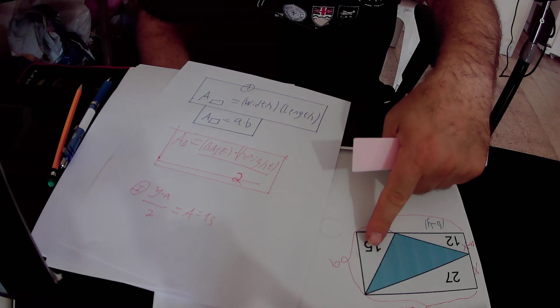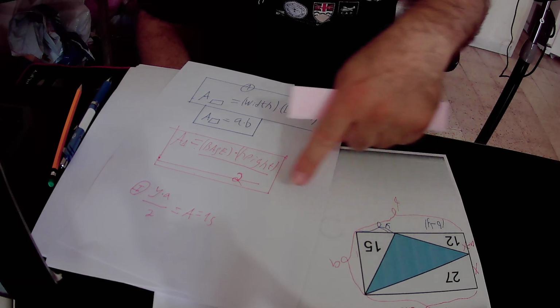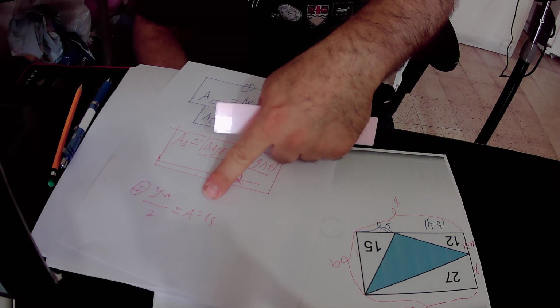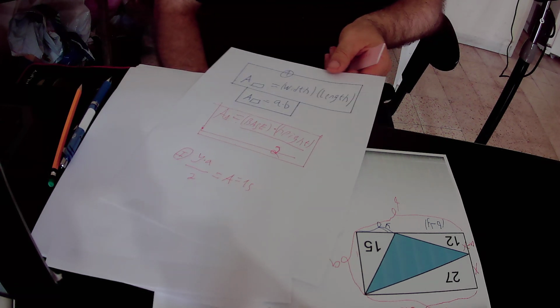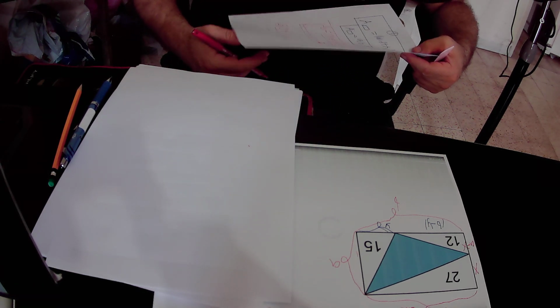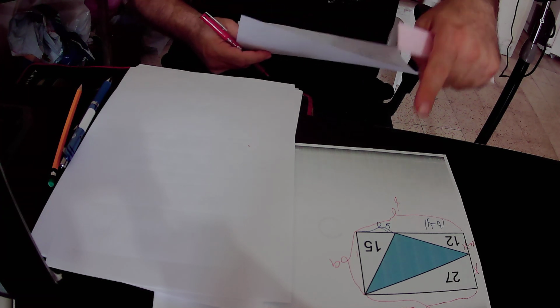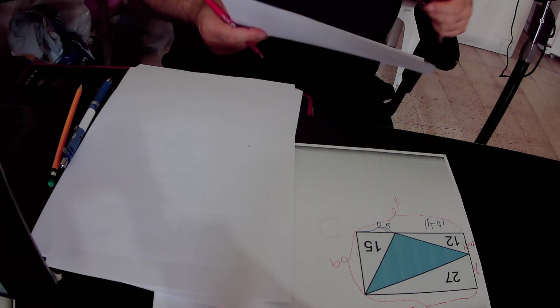But we know that the area equals 15 units, so we write that y times A divided by 2 equals 15. So that is the first equation for the area of this triangle.